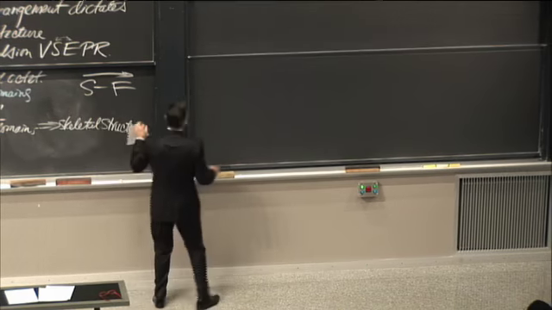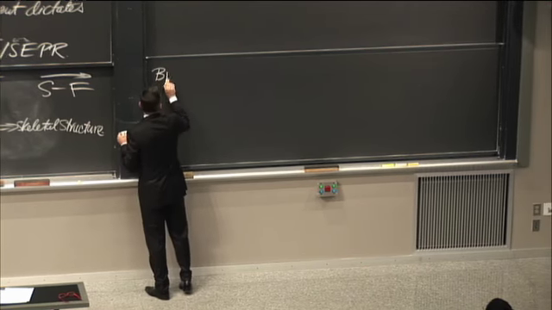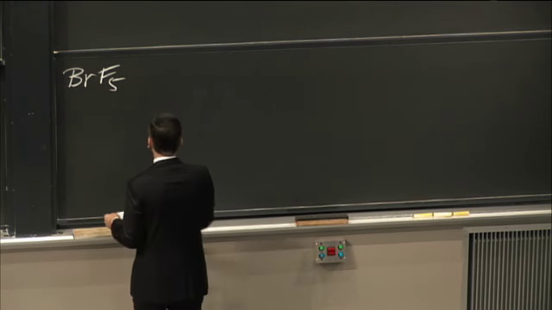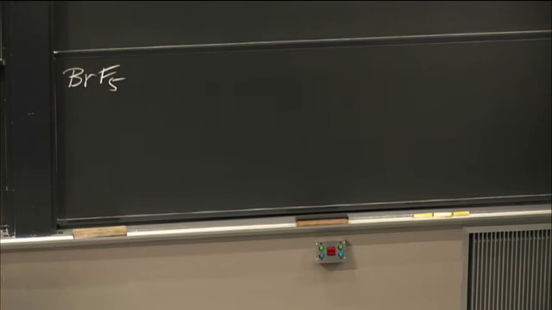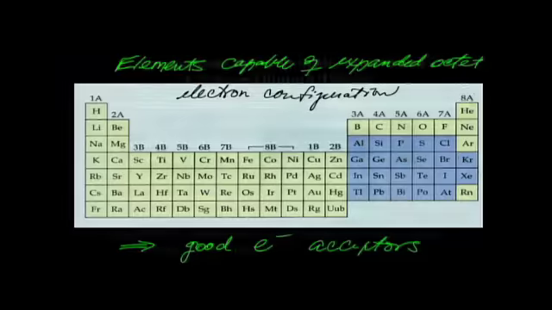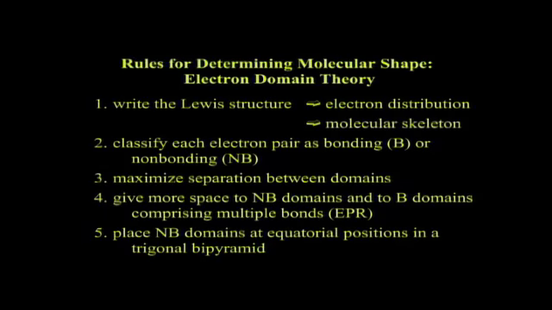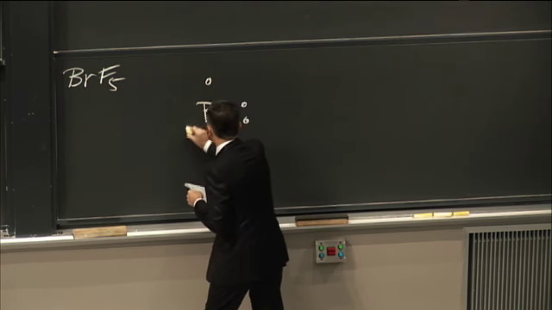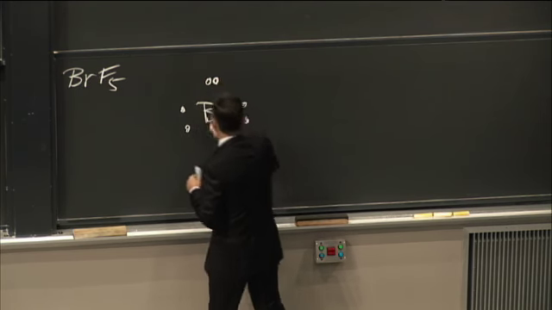Let's see, what do I have here? I got bromine pentafluoride. Bromine pentafluoride. So let's go back to the VSEPR rules. There we go. OK, VSEPR rules. So I put bromine in the center, and it's got 7 valence electrons. 1, 2, 3, 4, 5, 6, and I'll put the 7th up here.